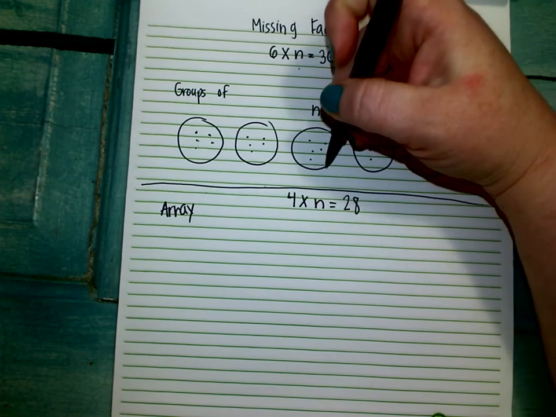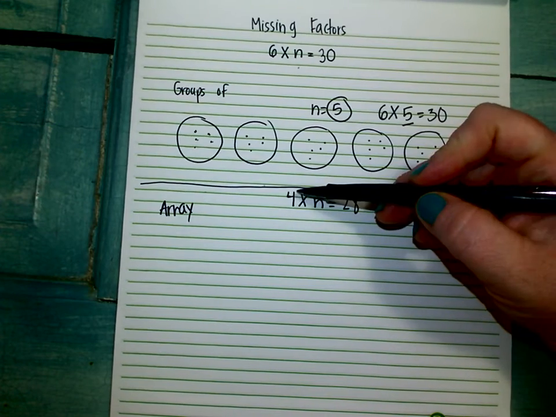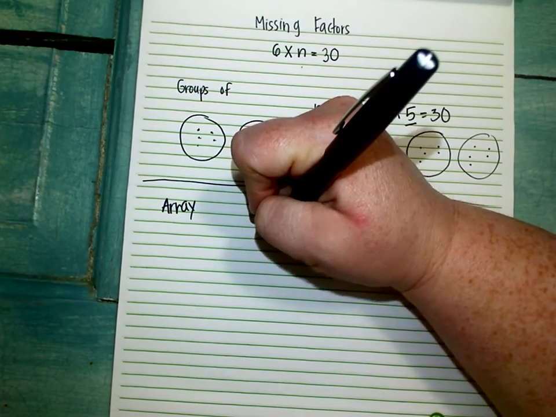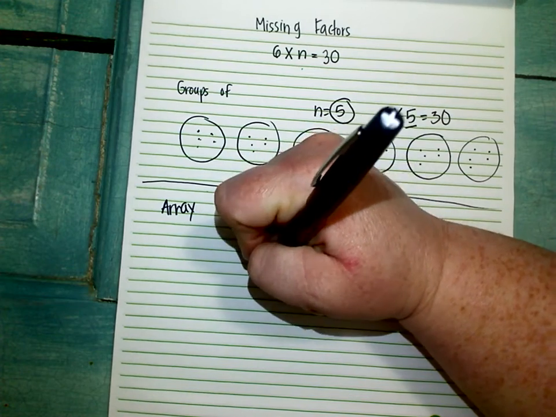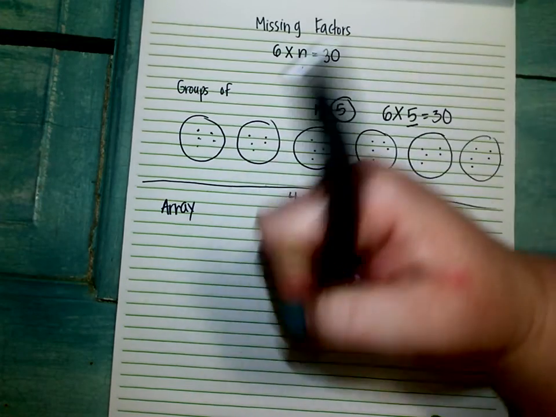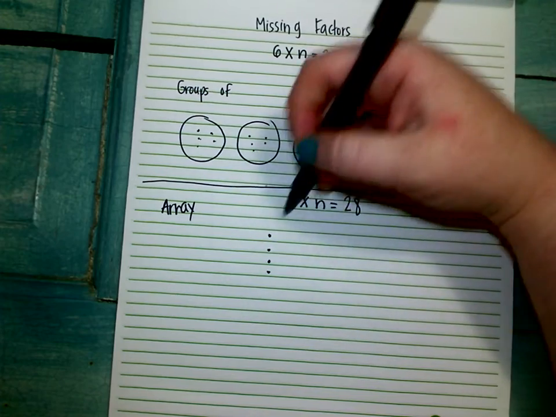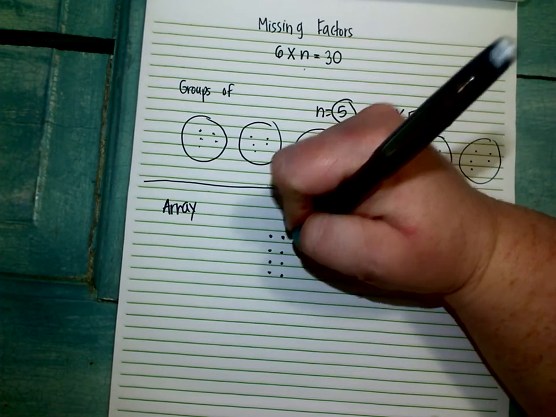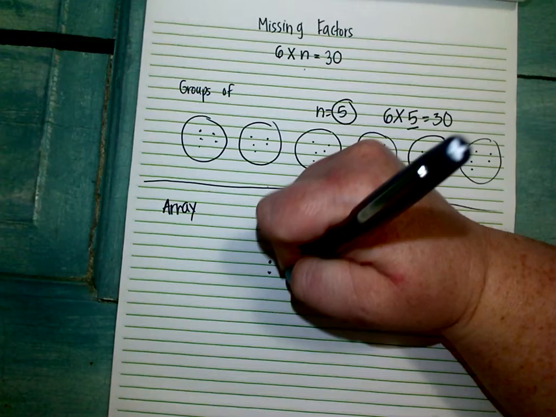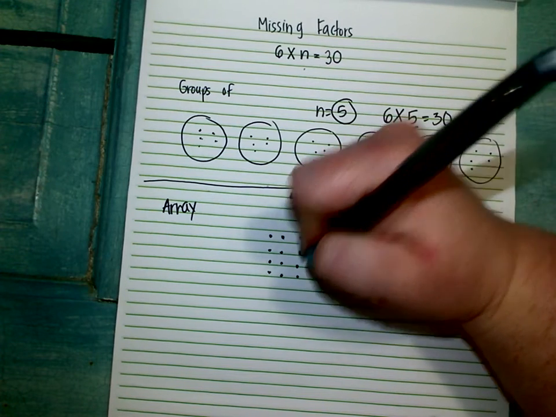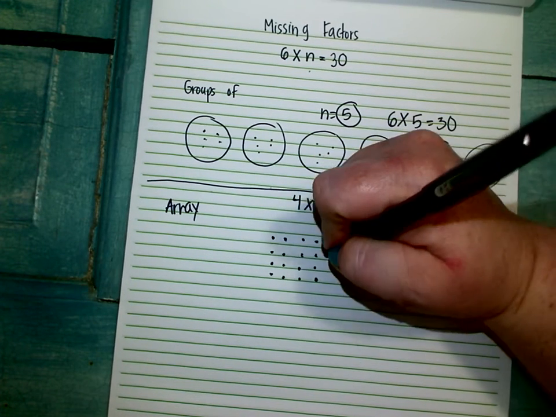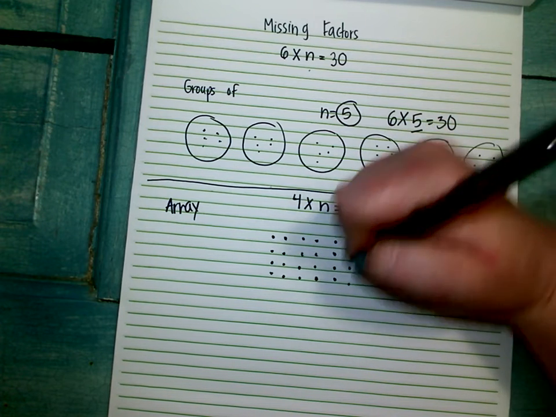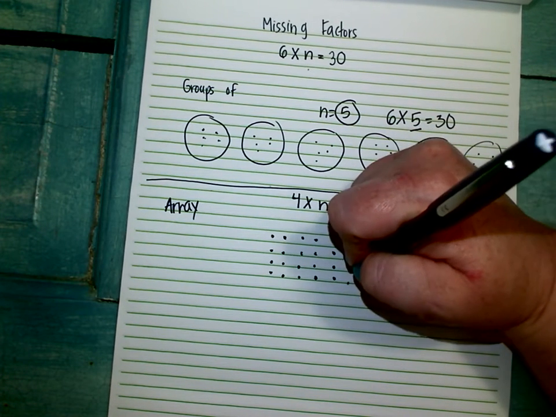All right, so first thing I'm going to do is decide I can either have 4 rows or 4 columns. So I'm going to say 4 rows. 1, 2, 3, 4. And all I'm going to do is count to 28 and make sure I put 4 in every column. So 1, 2, 3, 4, 5, 6, 7, 8, and so on, up to 28.